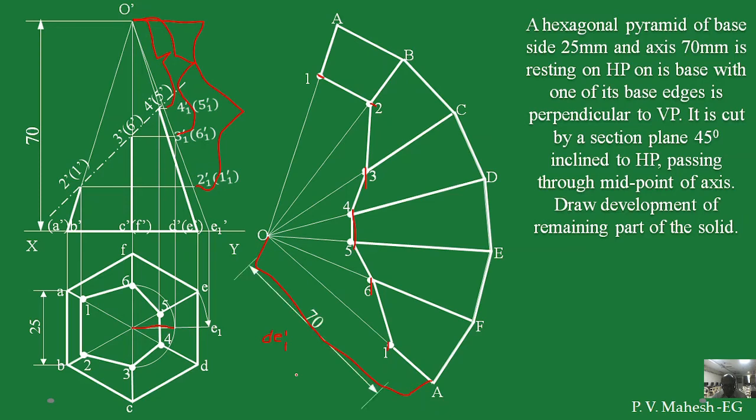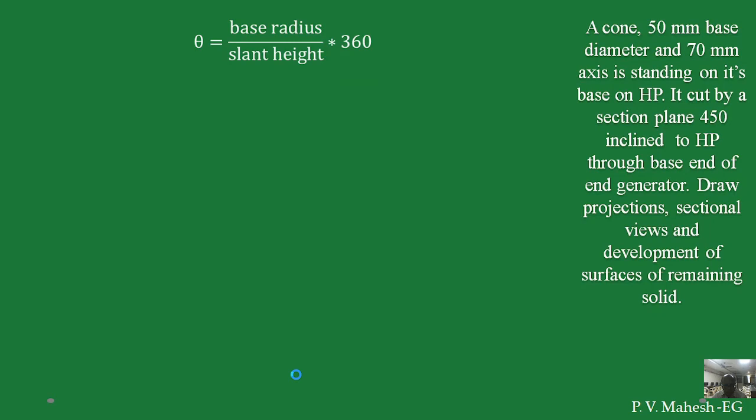Now we will look into the development of the cone. Okay, so here the cone is of base 50 mm diameter and axis 70 mm. And the cutting plane is at 45 degrees to HP and passing through one end of the generator.